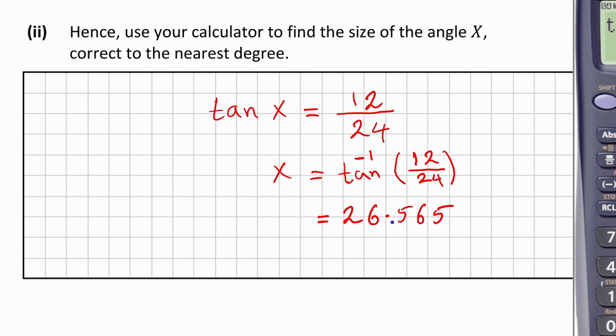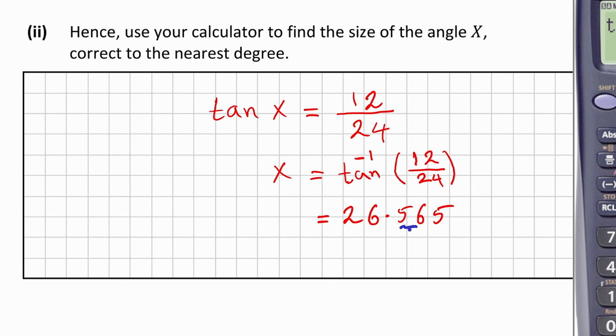So we look at the number after the decimal point. We have 5 or more, and that means we round up by adding 1 to the term before the decimal point.